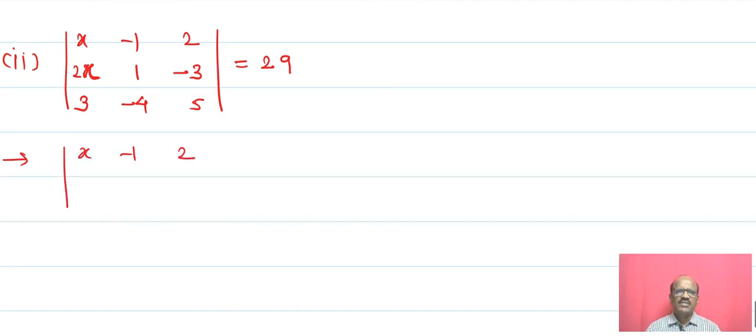Now the value of the determinant is 29. Again, find the value of x. Now see this. Again, evaluate the determinant equal to 29.